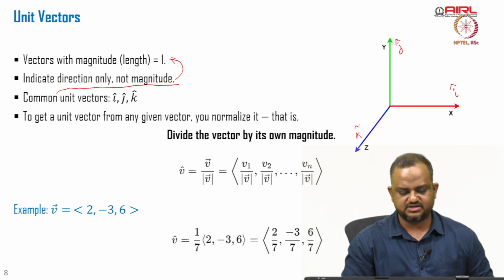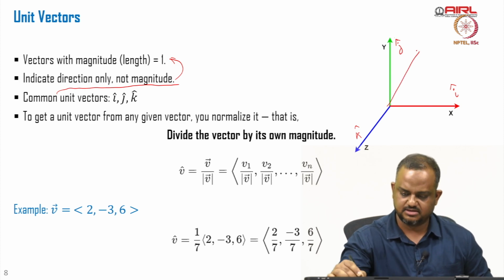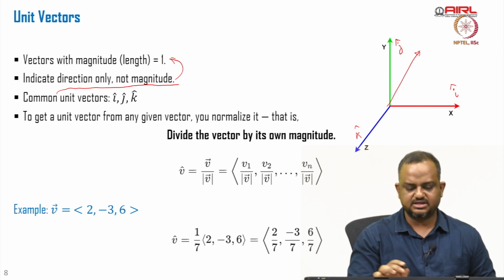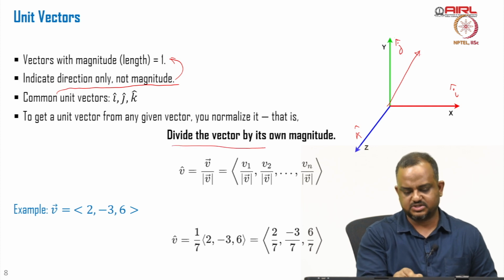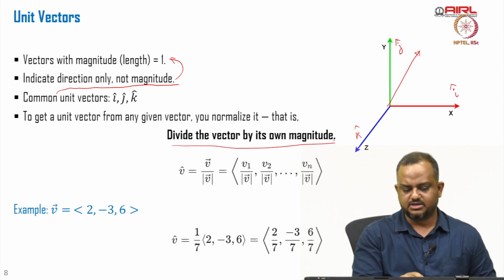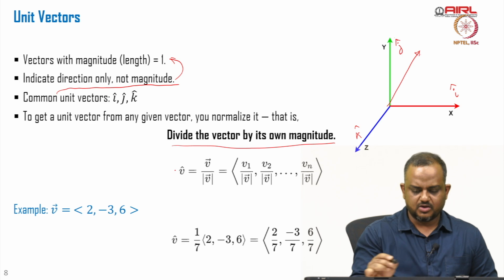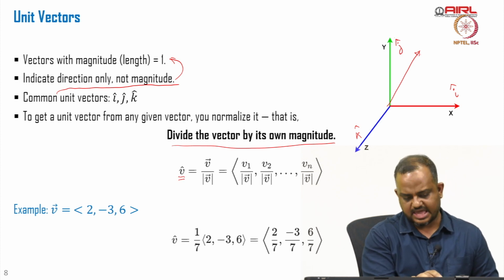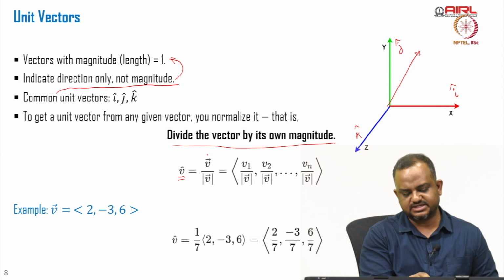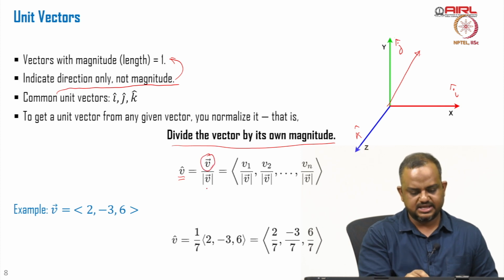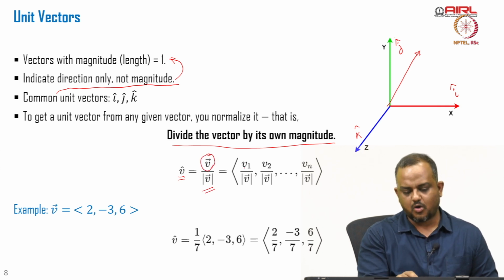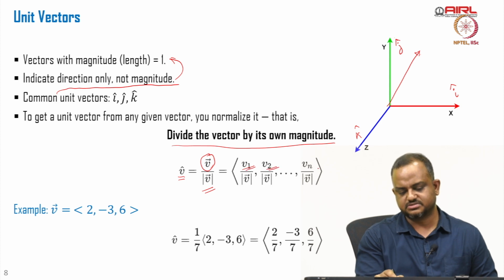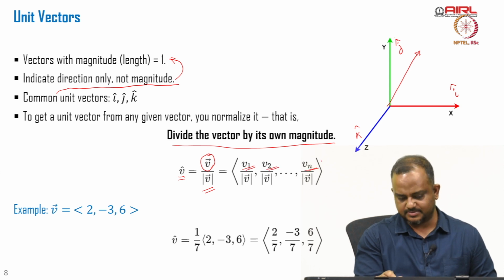To get a unit vector from any vector v, we have to divide the vector by its own magnitude. So the unit vector of any vector v is represented as v cap, which is equal to the vector divided by its magnitude. That means all the components of the vector, v1 to vn in an n-dimensional space, are all divided by the magnitude of the vector.